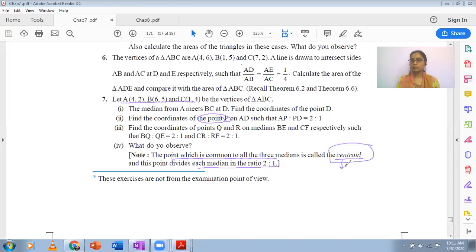And its coordinates, the coordinates of the centroid are actually obtained by adding, if you have to obtain its abscissa and its ordinate. What you're going to do is, triangle के जो vertices हैं, add their abscissa. So you will add 4, 6 and 1, divide by 3.